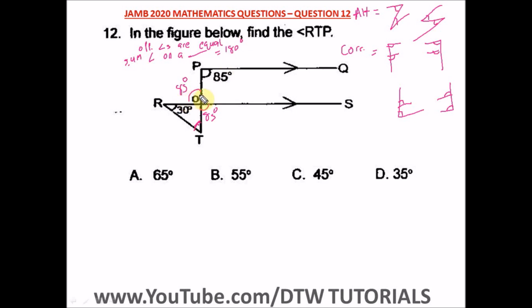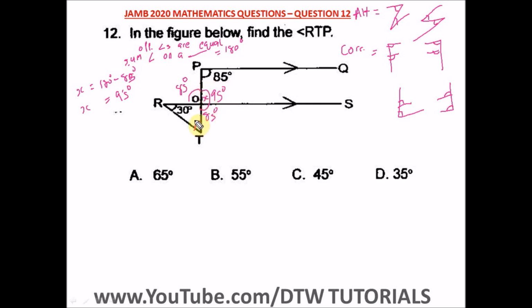So if here is 85, let here be x. Therefore, x will be 180 degrees minus 85 degrees. So x will give us what? 95 degrees. So therefore, the angle here is 95 degrees.